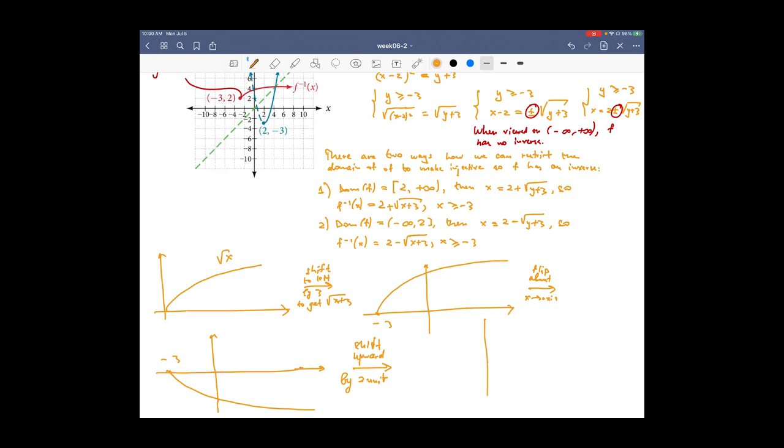So we will get a function that starts at the point negative 3, 2.